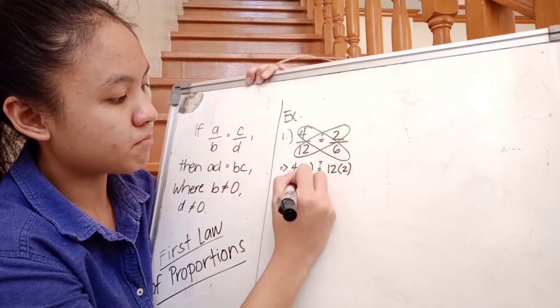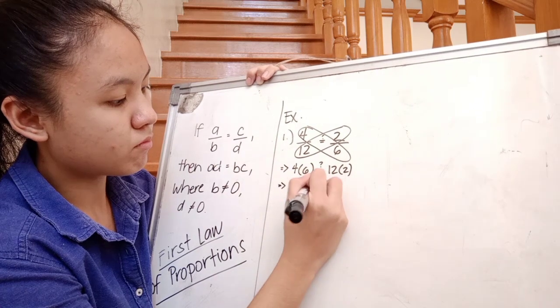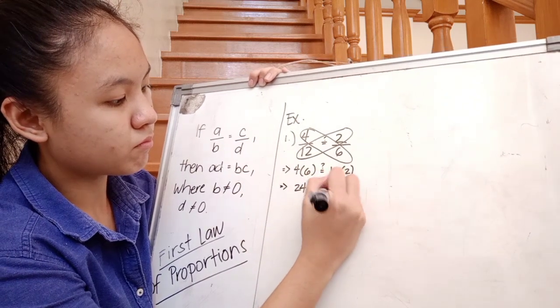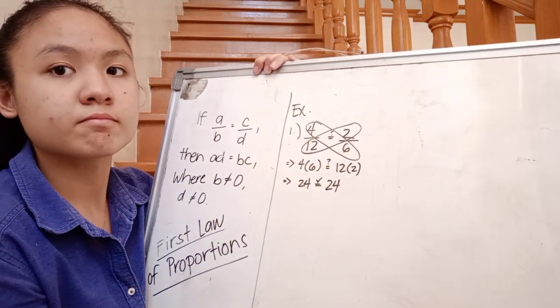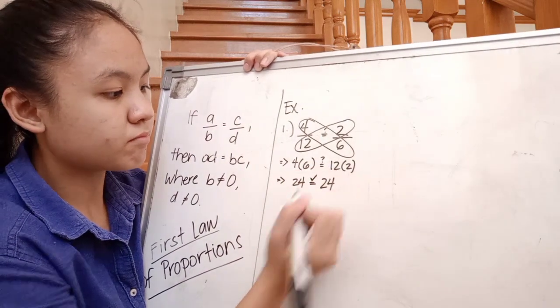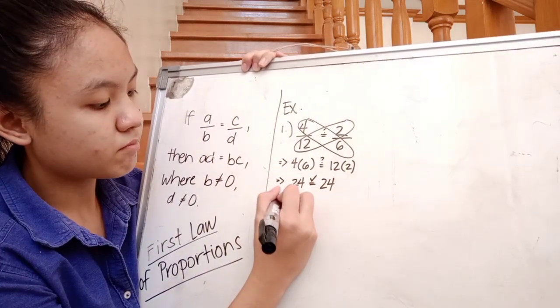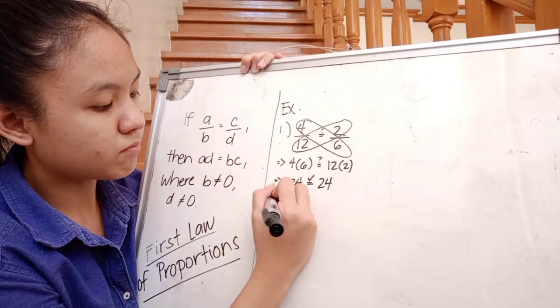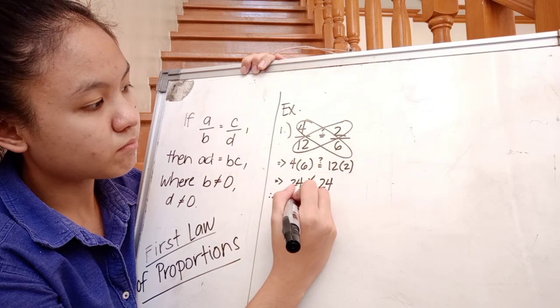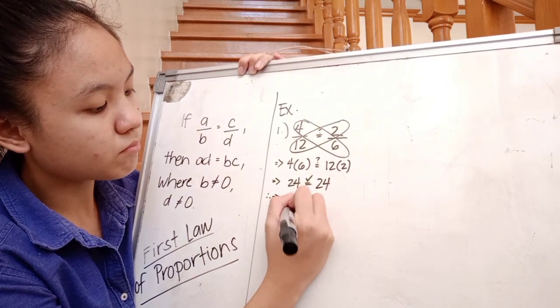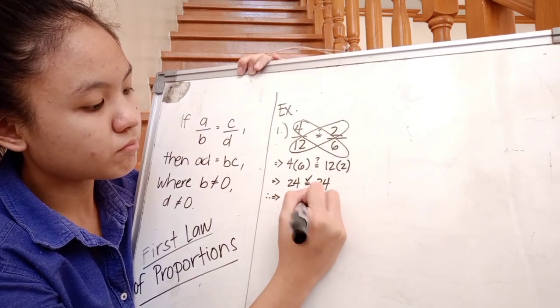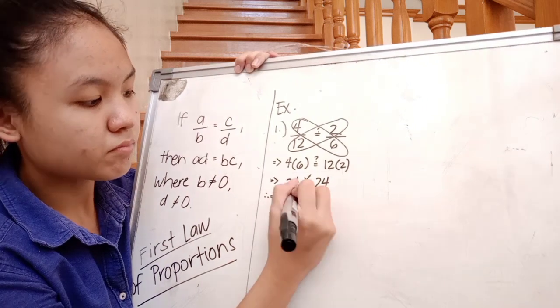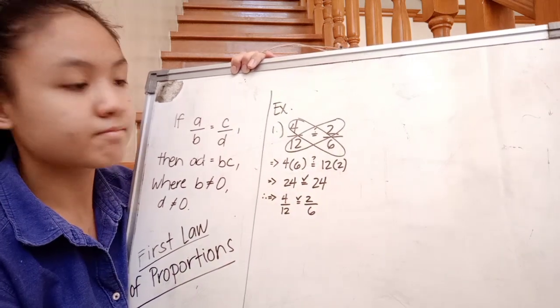To find out, 4 times 6, which is 24, is equal to 12 times 2, which equals 24 as well. So, in conclusion, 4/12 is equal to 2/6.